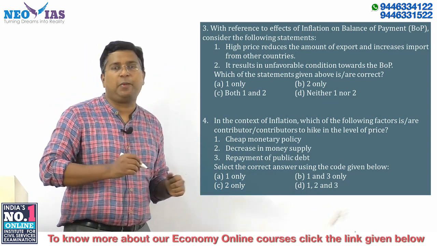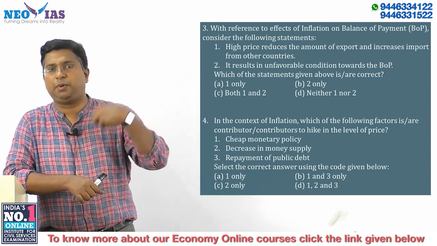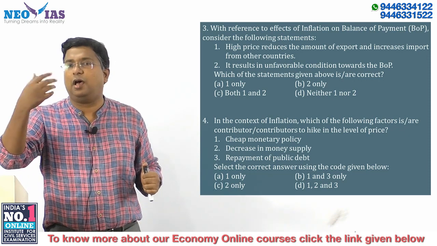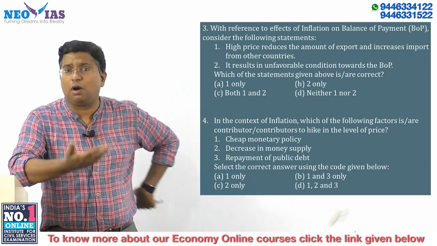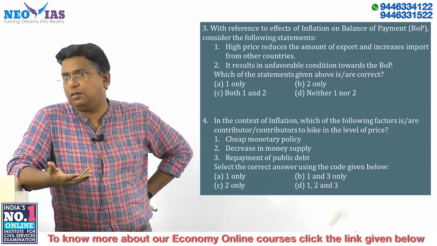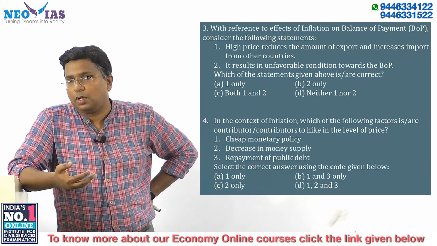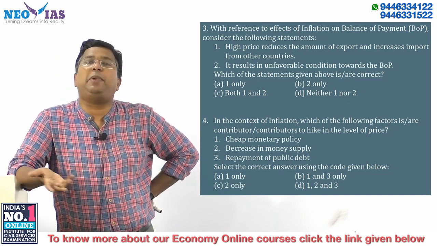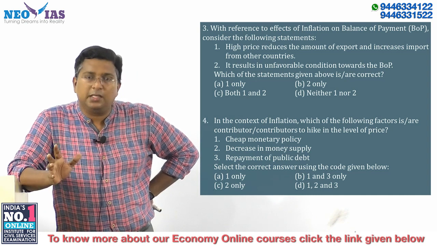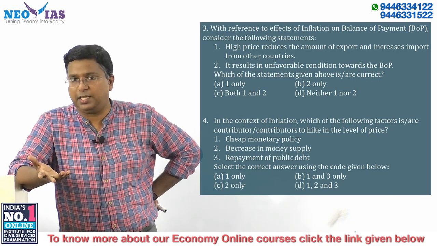Then repayment of public debt. It is related with the government. Public debt means government debt. The government generally borrows from banks, or mainly by issuing government securities, from financial institutions, or even from high net worth investors. When the government repays the public debt, mainly the government which borrows money from the domestic market, they are paying back that principal amount.